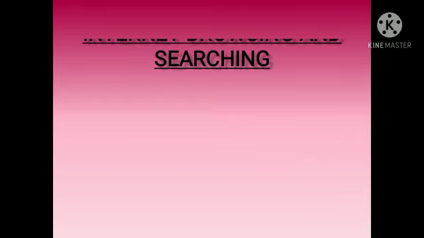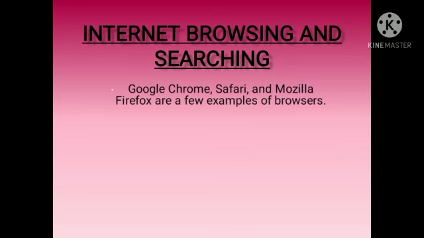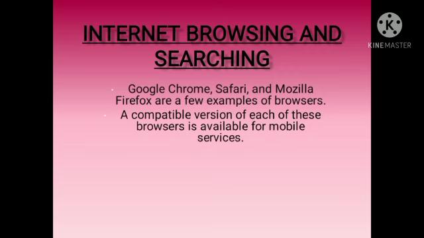So now the next topic is internet browsing and searching. As you know, to access the internet we require an application. That application is called a browser. For example, Google Chrome, Safari, Mozilla Firefox are a few examples of browsers, and a compatible version of each of these browsers is available for mobile services.